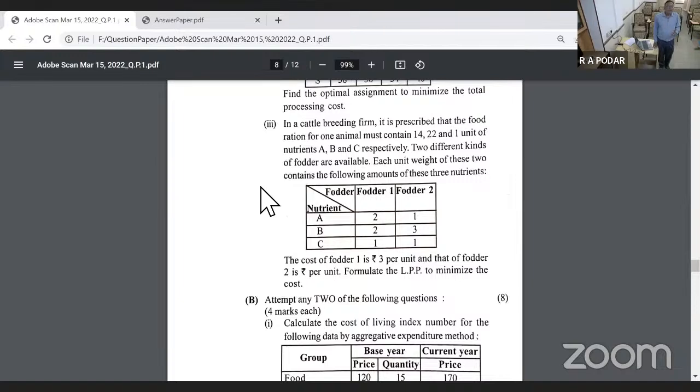But for those who attempted that question, because of that mistake, full credit has to be given by the board. That is not a student's mistake, so on your part there is no mistake. If you write down only some steps, you'll get the full credit because of the mistake. So this was the LPP formation, to minimize the cost.